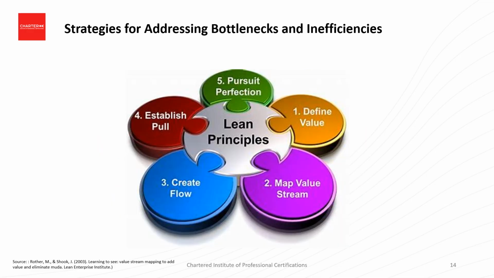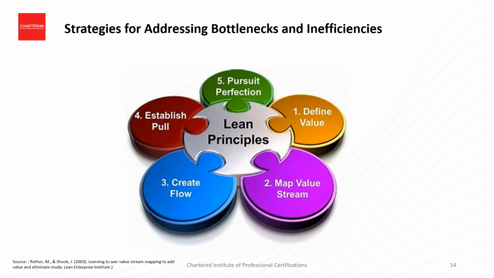Lean practices are a set of methodologies that aim to improve efficiency and reduce waste in a production process. They originated from the Toyota production system and have since been adopted by many industries worldwide. Now, the primary goal of lean practices is to eliminate waste, defined as any activity that does not add value to the product from the customer's perspective.